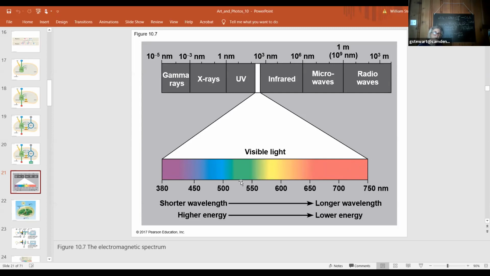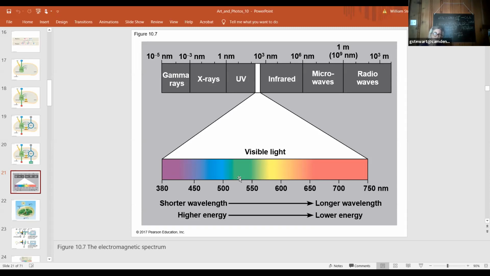That's why chloroplast and chlorophyll looks green, because it reflects the green light, but it absorbs the energy from all of the other colors or all of the other wavelengths. So I'll say that a couple more times because it seems counterintuitive, right? We are seeing the green because that's what's being reflected or not absorbed by the cells.